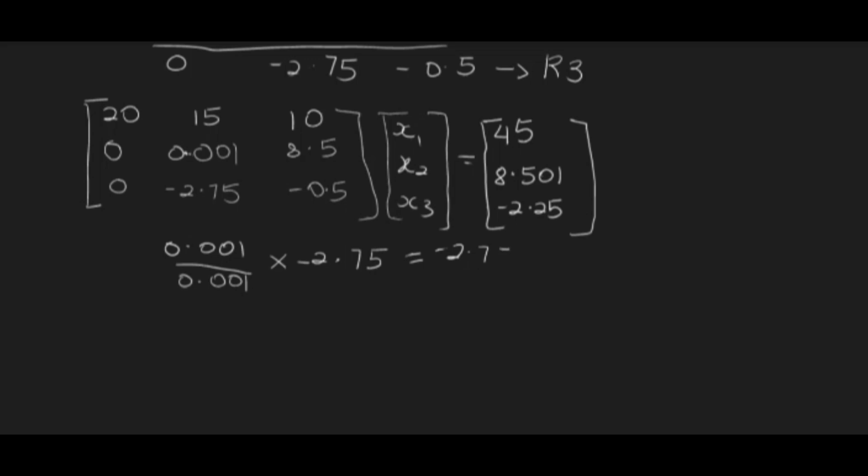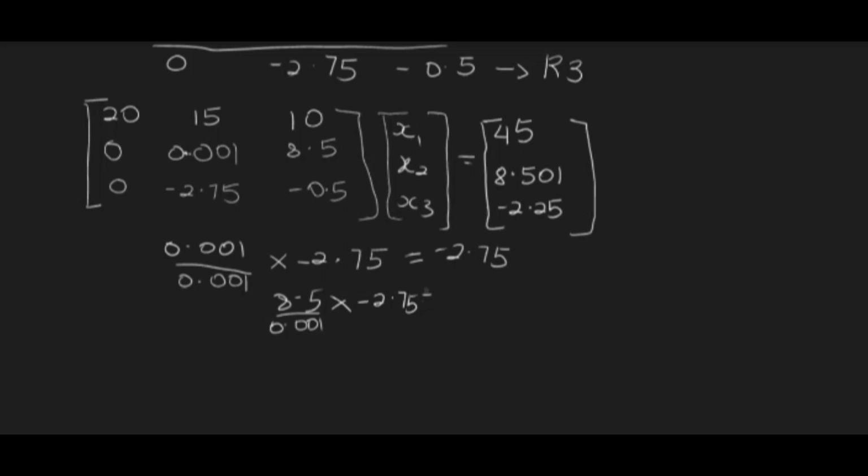Then you do that same thing for this side. So we divide 8.5 by 0.001, not by itself. So 8.5 by 0.001. Then you multiply that by negative 2.75, and that will give us what?